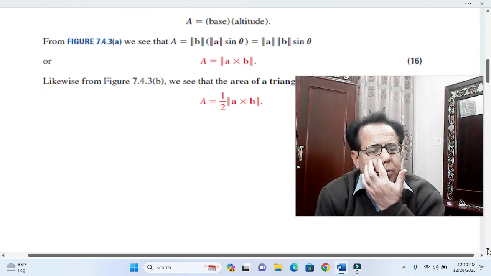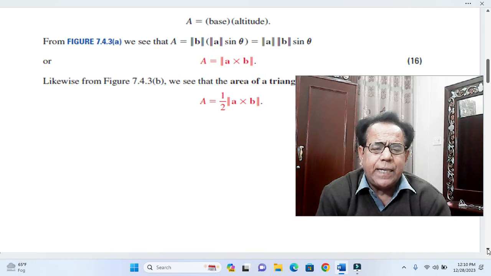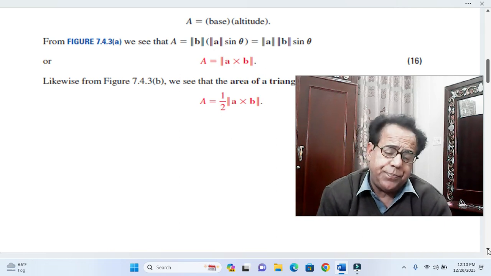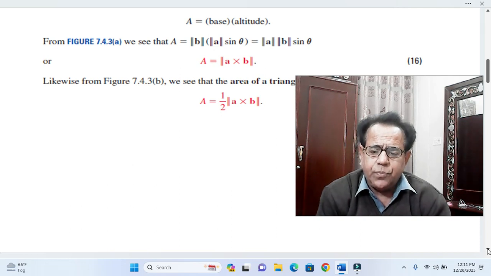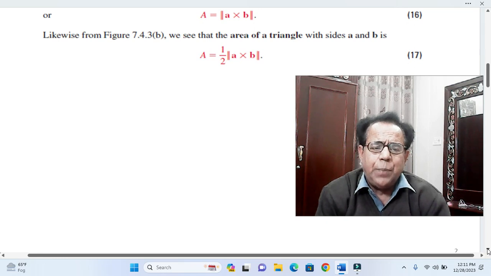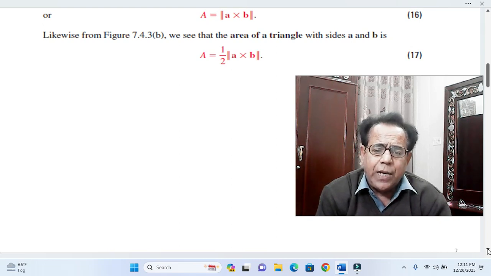From the figure, we see that area A is equal to the magnitude of B into the magnitude of A sine theta, and this alternatively becomes the magnitude of A into the magnitude of B into sine theta, or area A is equal to the magnitude of A cross B. Likewise, the area of a triangle with sides A and B is A equal to 1 by 2 times the magnitude of A cross B.